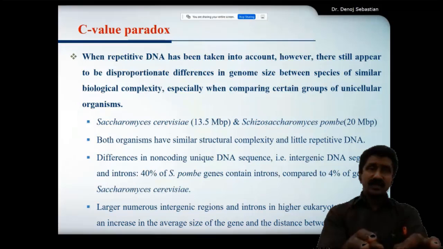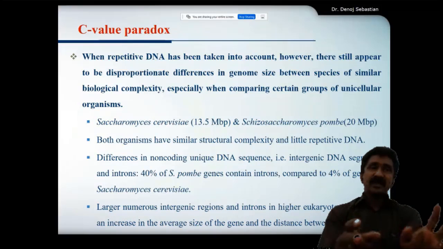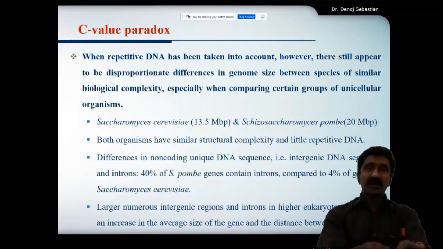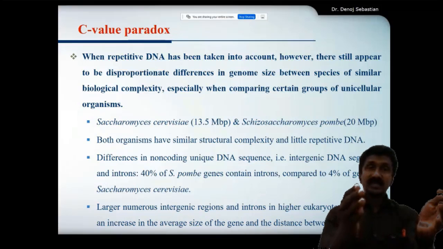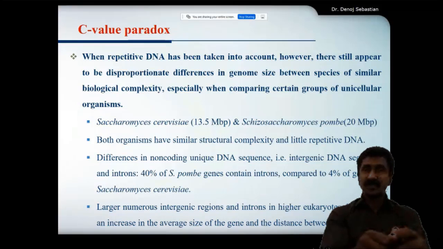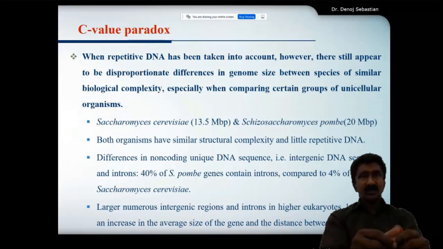The difference is in non-coding unique DNA sequence, that is intergenic DNA segments and introns. This difference is contributed not by the repetitive DNA, but by the intergenic DNA segments and introns. Within the gene itself, there are intron regions, you know that.